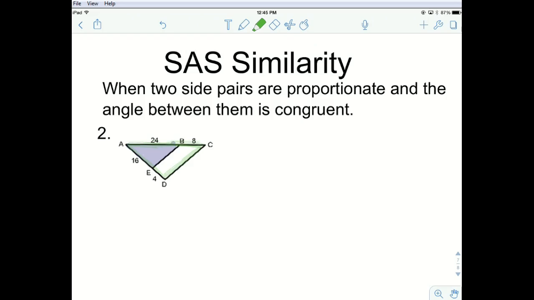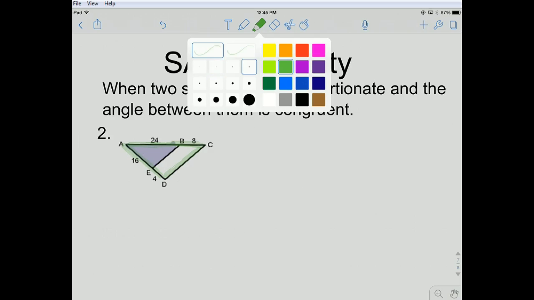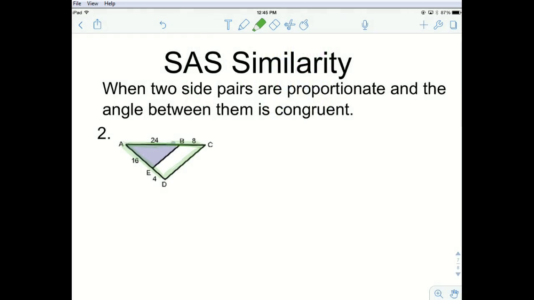Now, one thing that we need to be careful about here is that we've got some side lengths, but those side lengths are not exactly the sides for my triangles. We've got the green one on the outside here, but the green is not going to be just at 8. We're going to have to add these two together.